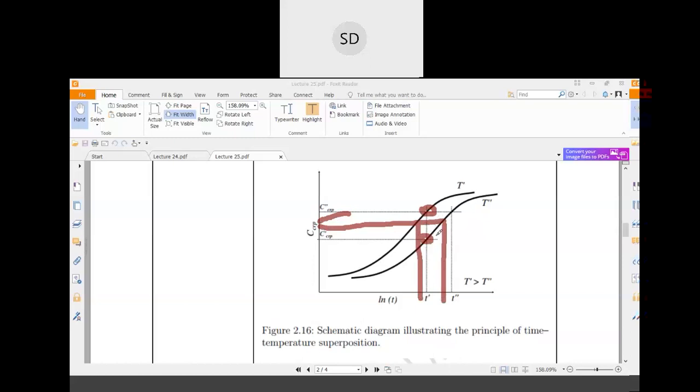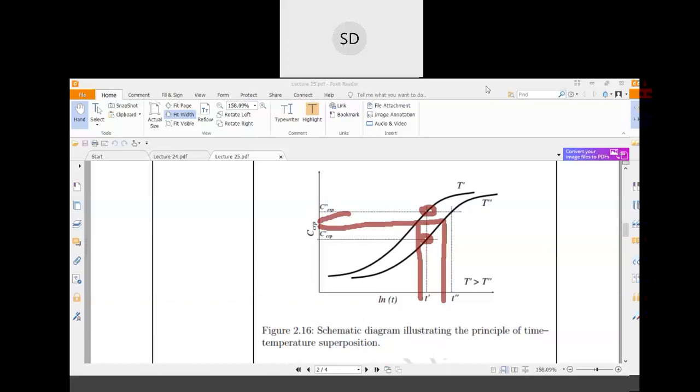So basically, the creep compliance value not only changes with the time, it also changes with the temperature. So temperature and time both play an important role in the creep behavior of an asphaltic material.